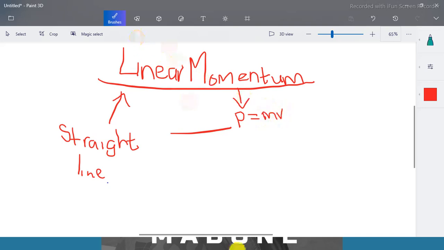That's what momentum is. So now we have a better understanding of what linear momentum means. We are basically talking about straight line momentum, guys. That's what we are talking about in this tutorial. So let's go deeper into it and try to understand everything.